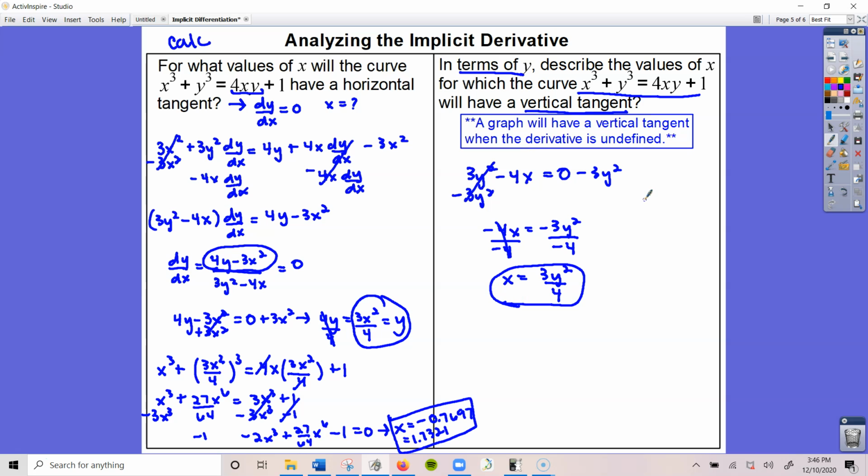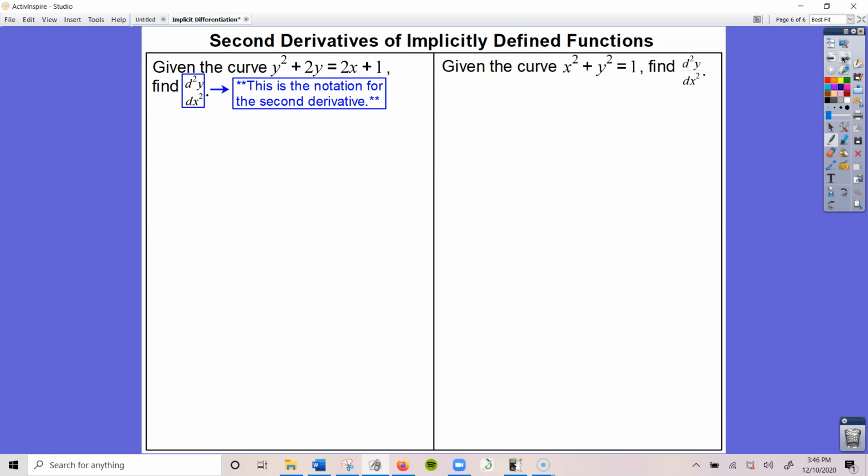Now we're going to look at one more thing. We're going to look at the second derivative for implicit functions. This is the notation for the second derivative. So if you ever see this notation, d squared y over dx squared, that means to find the second derivative of the implicit function, or of any function.